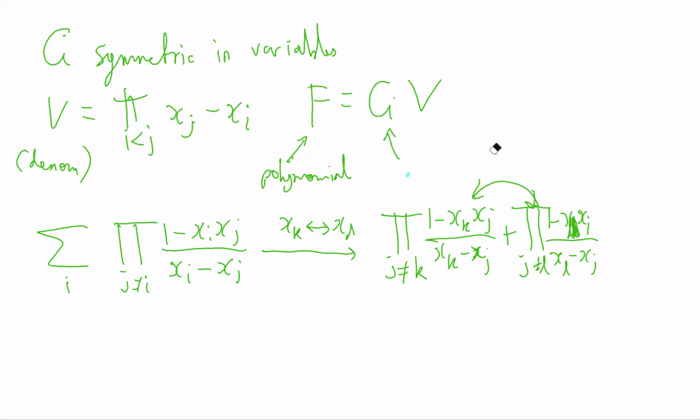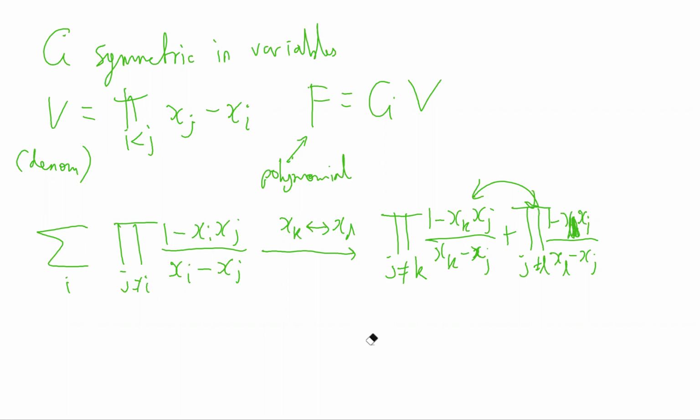So let me just erase this. So what do you get if you swap it? You get not quite exactly that, okay? There's going to be an extra j is not equal to. So I'm pretty sure the part that's j not equal to k or l is the same.